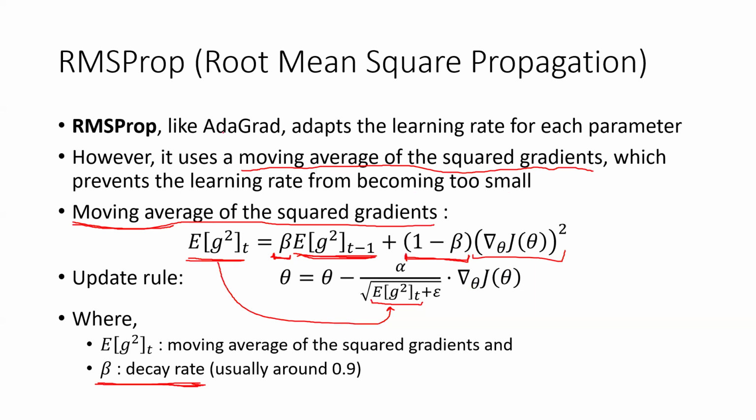The only difference between AdaGrad and RMSProp is that RMSProp is using an exponential moving average of these squared gradients, right? So RMSProp is kind of an updated version of AdaGrad, but the downside is that now you have another hyperparameter beta to be tuned, right?